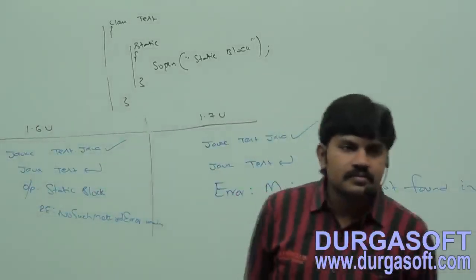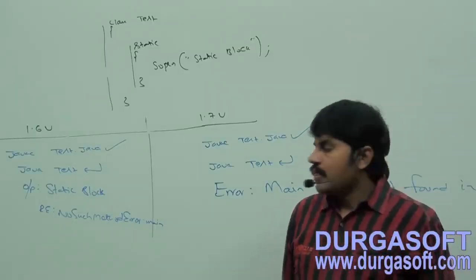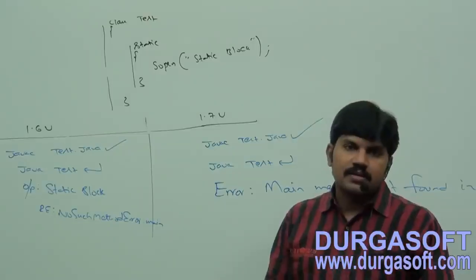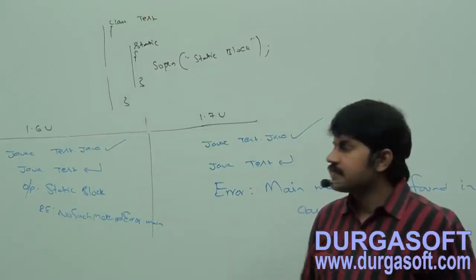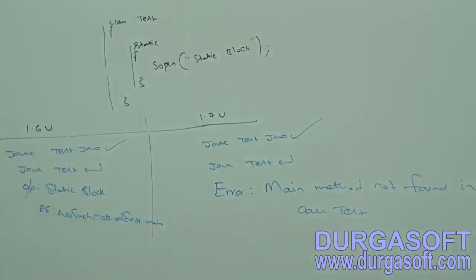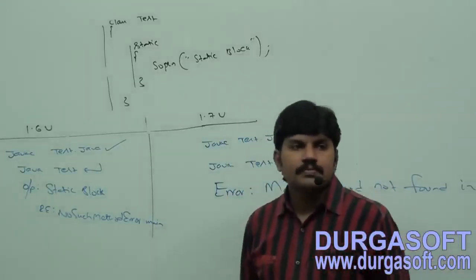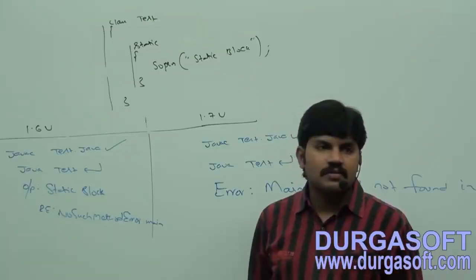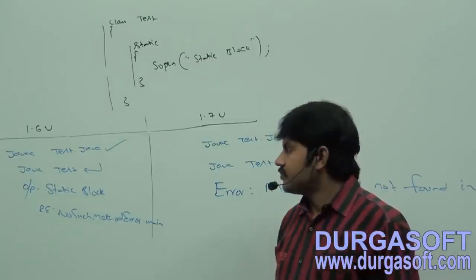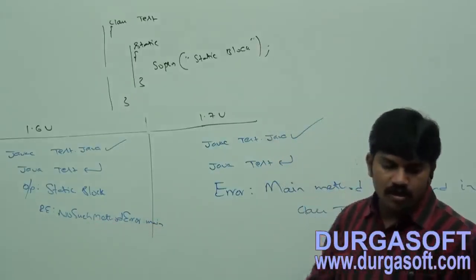The output is static block. Completed, right? For the output we get static block, followed by a runtime exception, NoSuchMethodError: main.